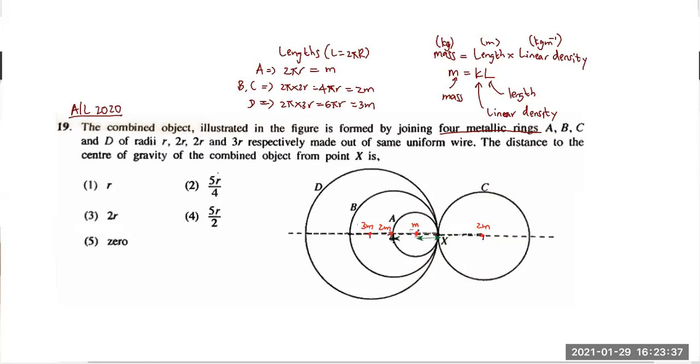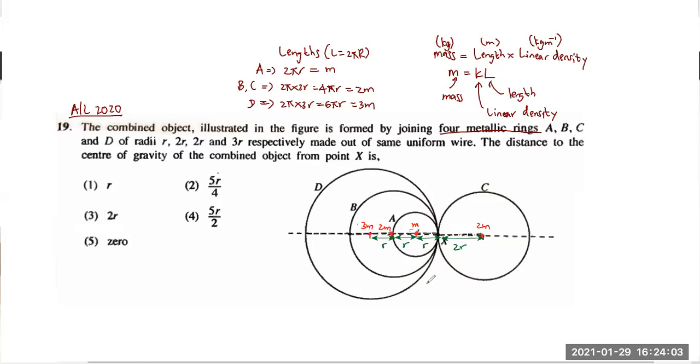The radius is 3r for the outer ring. So it's r, this is also r, and on the other side we will have 2r. So the lengths, if I mark, will be r, r, r, whereas this is 2r.